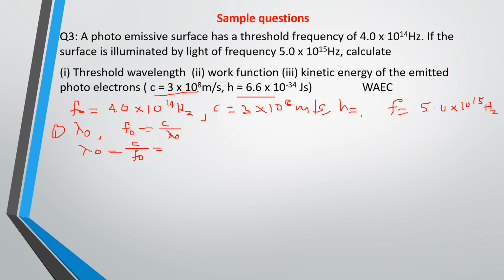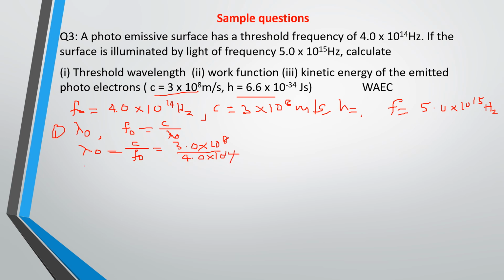Substituting into that equation, you will have 3.0 times 10 raised to power 8 divided by the threshold frequency, which is 4.0 times 10 raised to power 14.